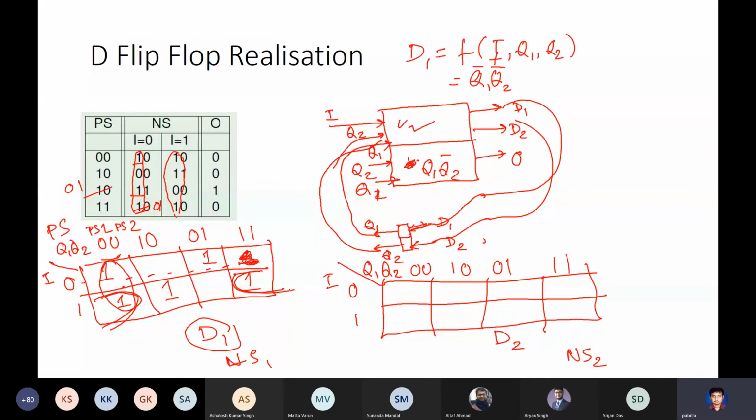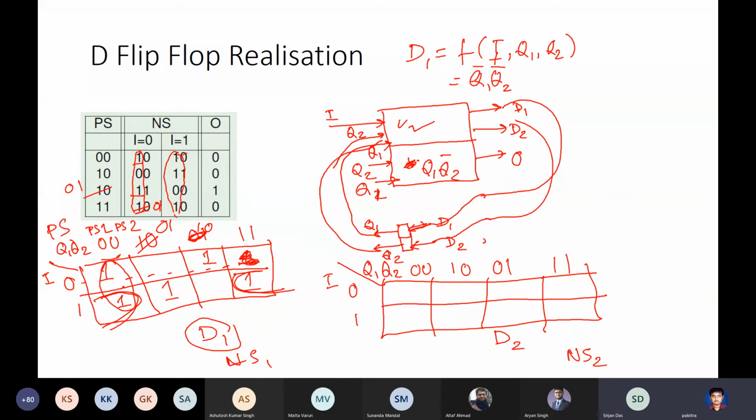What is the problem with this? I think I made a mistake in this Karnaugh map. Sir, they are not adjacent elements. Yeah, I have made a mistake. Okay. So also in the I equals to 1 column, the first element will be 0 1.